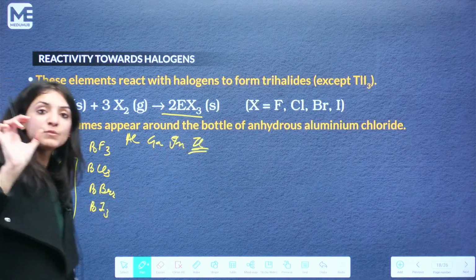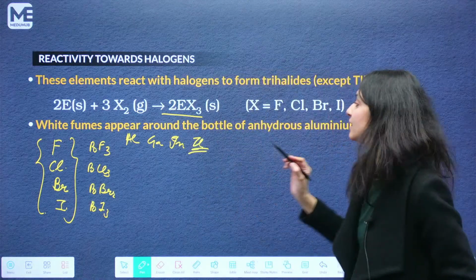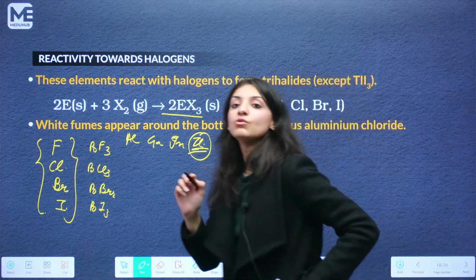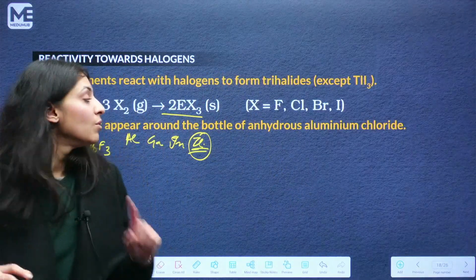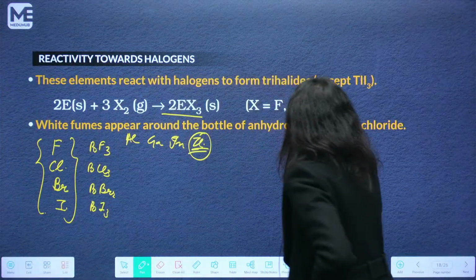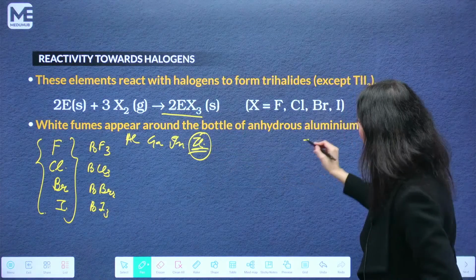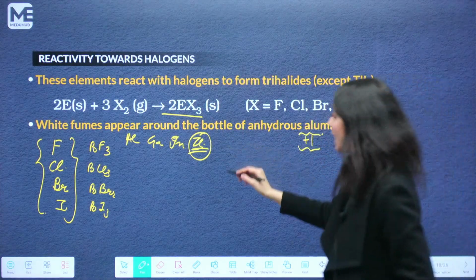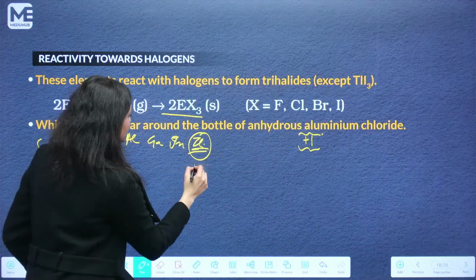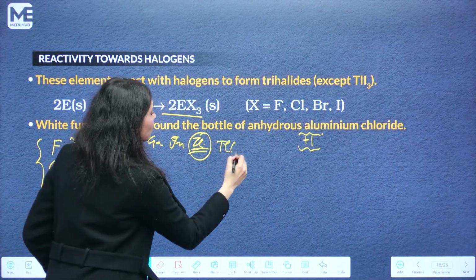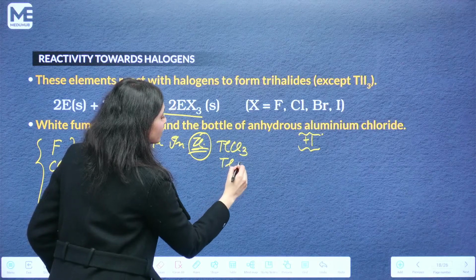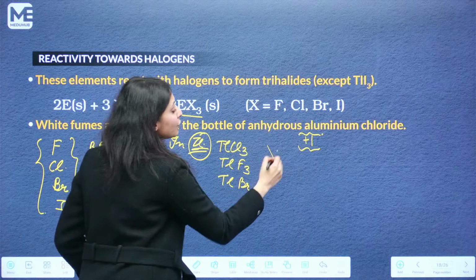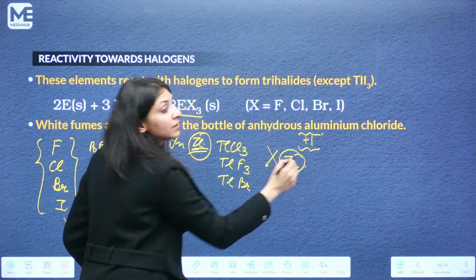One exception arises here also, which has again and again come in the paper, that is with thallium. So for this you need to go back to the inert pair effect. What happens in the inert pair effect? As you move down the group, the +1 state becomes more stable, right? So thallium forms trihalides with chlorine, with fluorine and with bromine, but does not form trihalides with iodine.